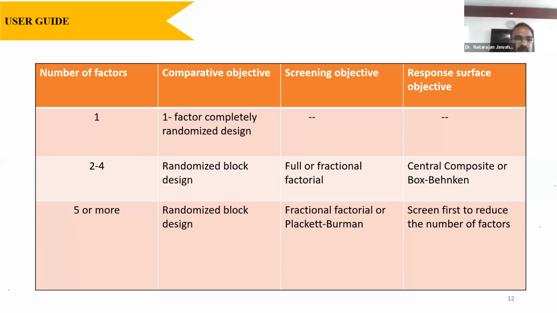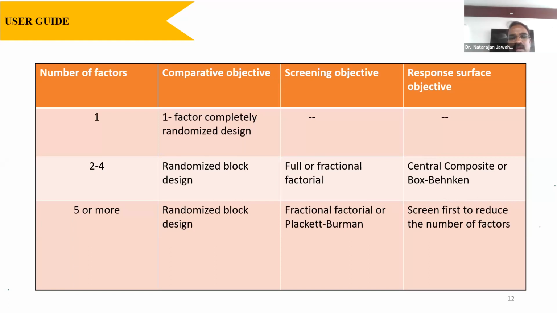Also, you don't have that. Suppose you have 2 to 4 factors in your experiment, then you have to use full or fractional factorial design, if the objective is screening. What is screening objective? Screening objective means just knowing the influence of your factor on the response. That's all. But to what extent, if you change the concentration less or more, what will be the effect, or what is the combination of my factors on the response?